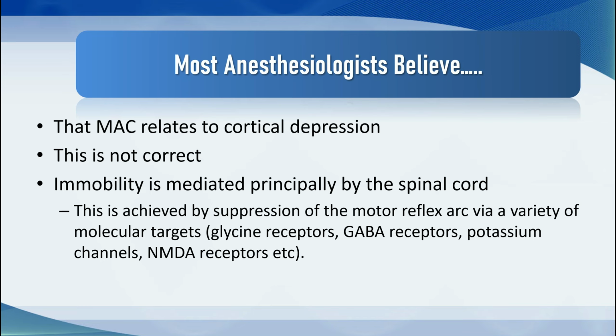They demonstrated that increasing anesthetic concentration in the brain alone did not change MAC. Increasing concentration in the spinal cord did change MAC, and that determined that the spinal cord determines immobility.